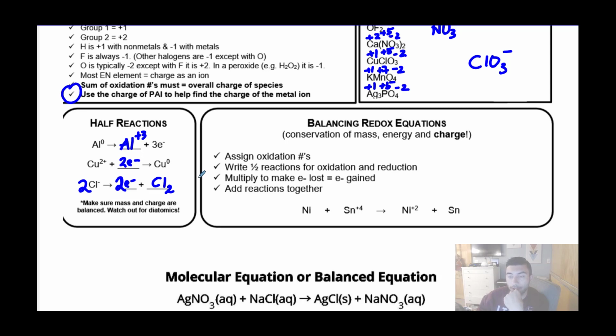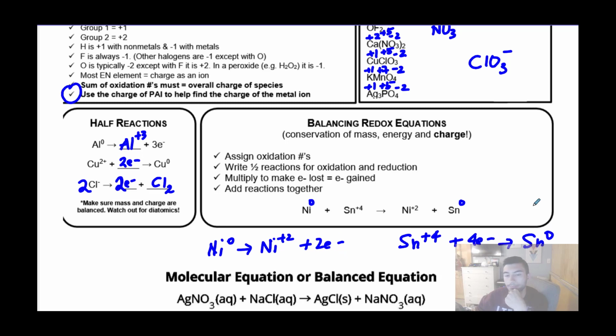For balancing redox equations, we can assign oxidation numbers here. Tin is +4 here, nickel's +2. We can write half reactions. So for example, nickel 0 is oxidizing to turn into nickel +2 by losing 2 electrons. And tin +4 is gaining 4 electrons to turn into tin 0.